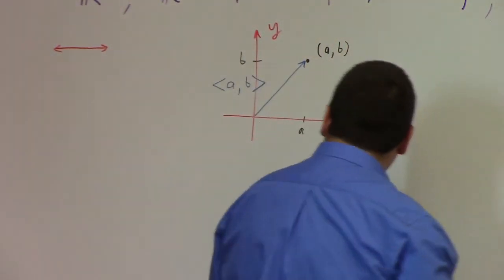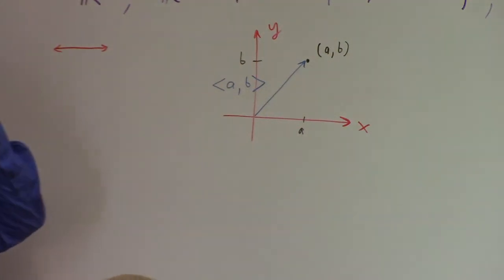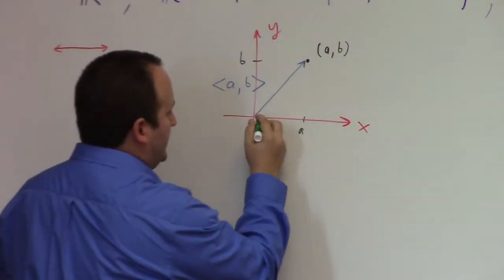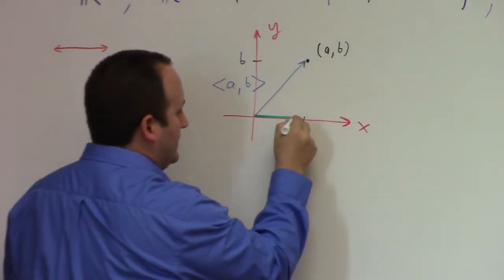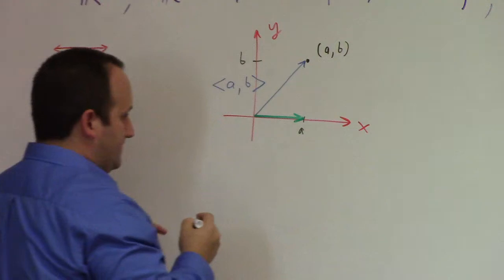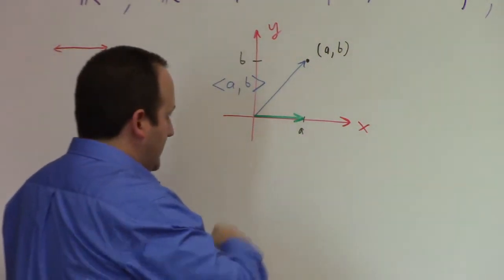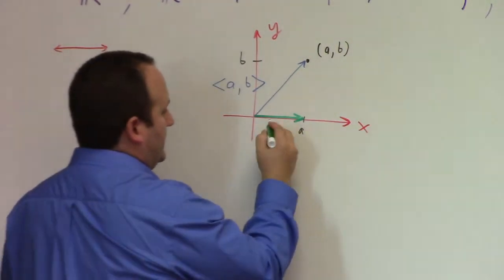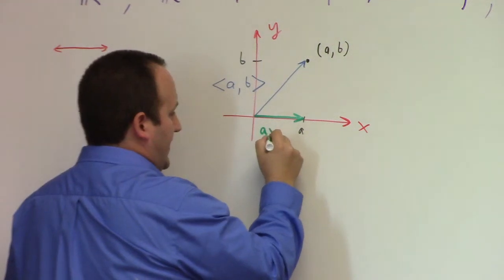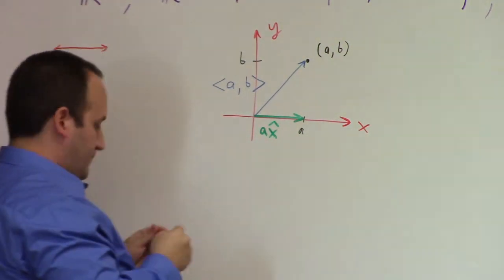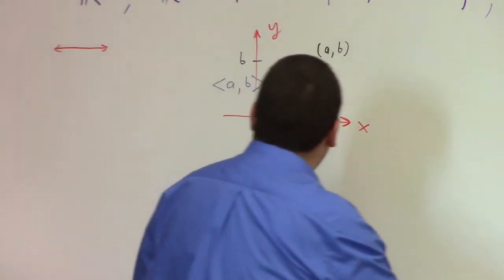Now, any vector, like this AB, you can build from fundamental vectors that go along the coordinate directions, right? So like here, I can build it from this one, like that. And so this vector, I can call A x hat. I'll be a little more explicit about that in just a second.